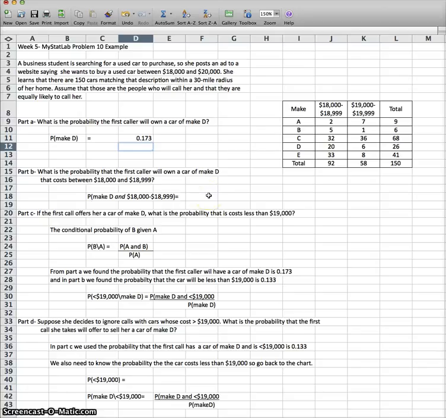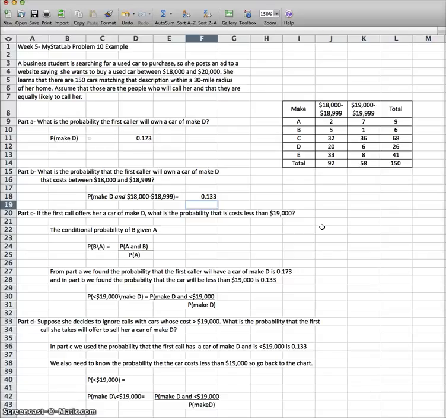So to find the probability here, again, equals 20 divided by a total of 150, enter again, and now there is a 0.133 chance that the first caller will own a car of make D that falls within this price range. So moving on to part C.